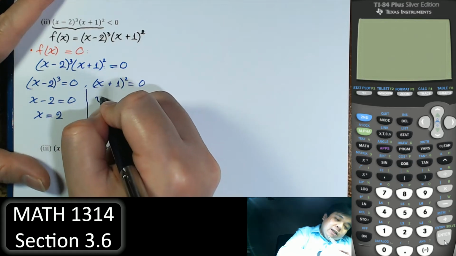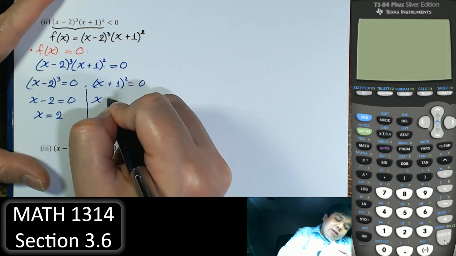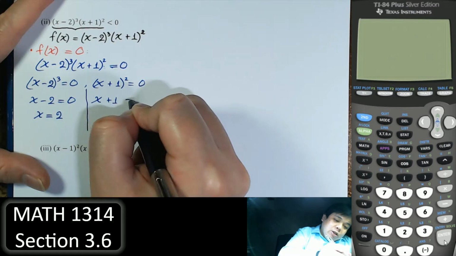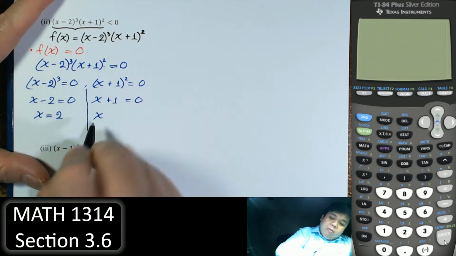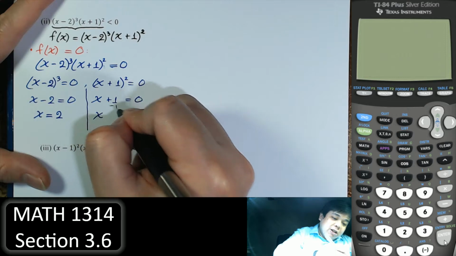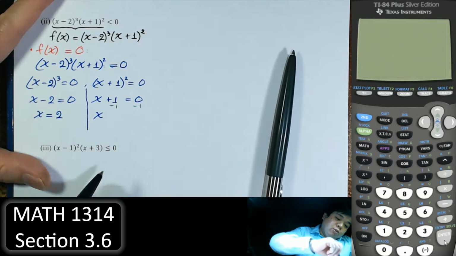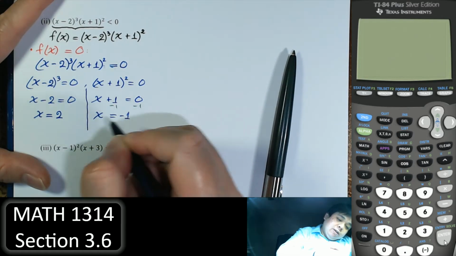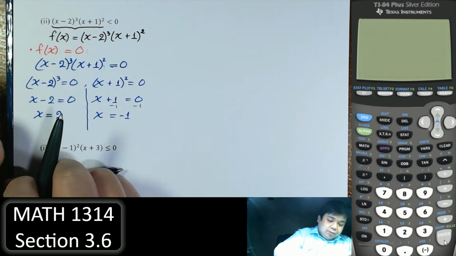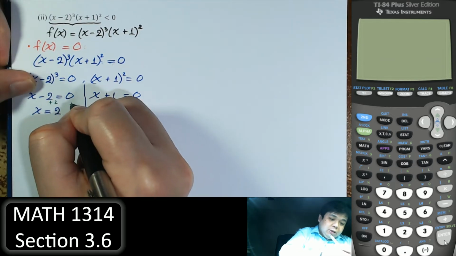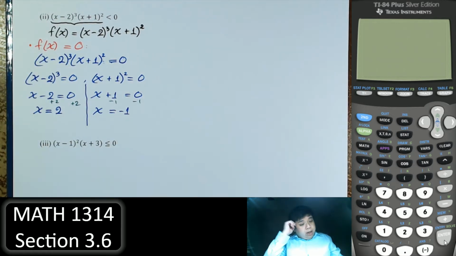And x plus 1 equal to 0. So minus 1 on both sides, x equal to negative 1. Right, so x equal to 2, x equal to negative 1.